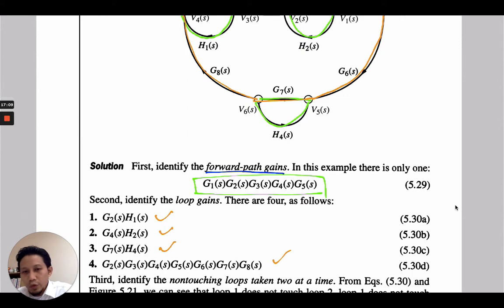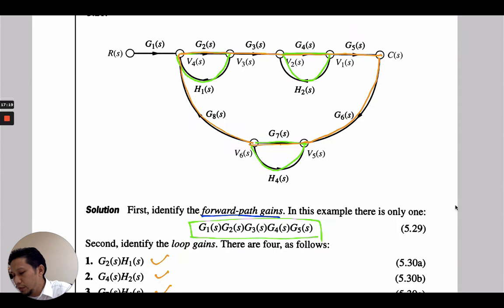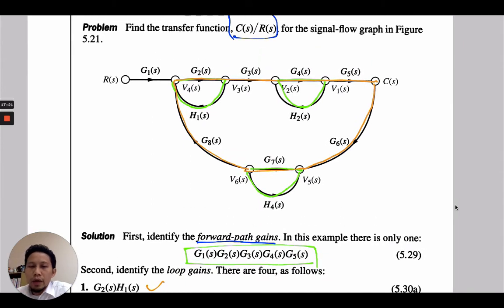Next, we identify the non-touching loops taken 2 at a time, meaning loops that do not touch each other.